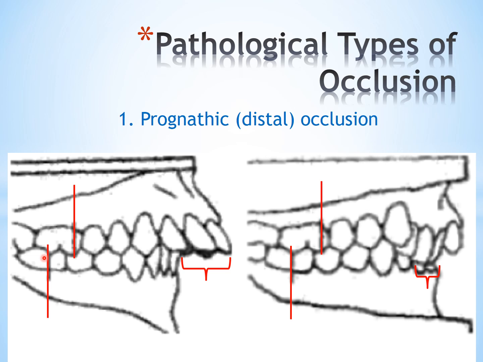It means that Class 2 Division 1 has a distal correlation between upper and lower first molars, and has a sagittal gap between frontal teeth. Class 2 Division 2 is a situation without a sagittal space.